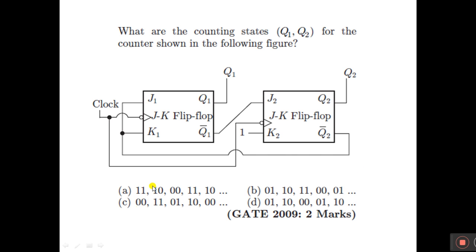Maybe this answer, or option C given 0 0, 1 1, 0 1, 1 0, 0 0. So maybe it repeats after 1 0. Option D: 0 1, 1 0, 0 0, 0 1, 1 0. So it may repeat after this 1 0. This question was asked in GATE 2009, a 2 mark question.